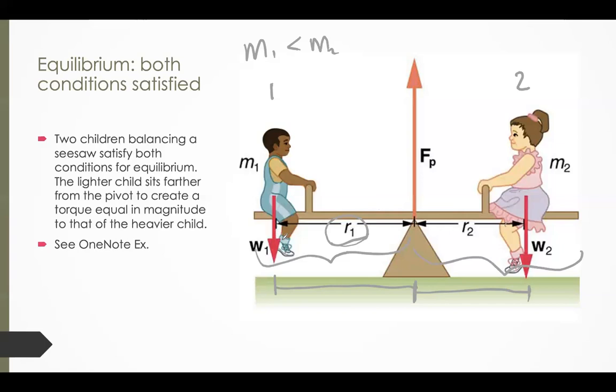This is something we can also think about if we're trying to lift something heavy. Instead of just picking it straight up, sometimes we can use a system like this.